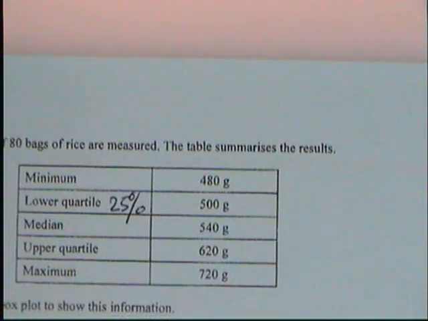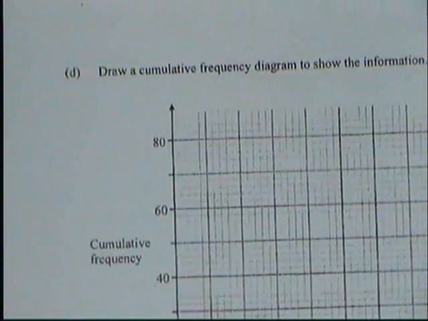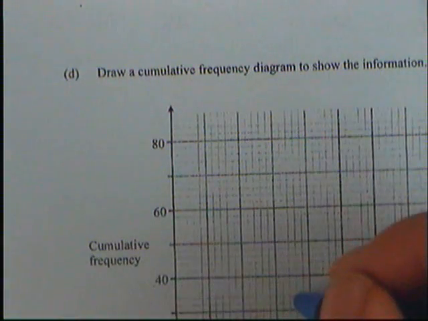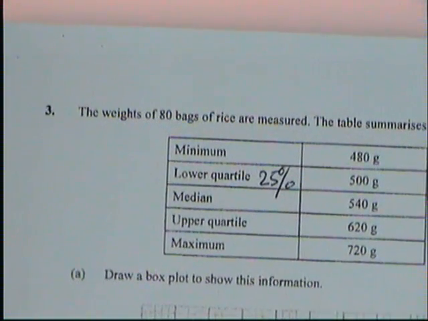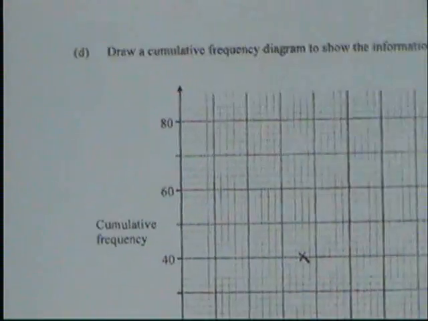The median is the middle, that will be the 50% value, which will be 40 things, and the median is 540. So 540 will be around there. And then the upper quartile, well, that will be 60 along the y-axis, that will be 3/4 away, and that is 620.